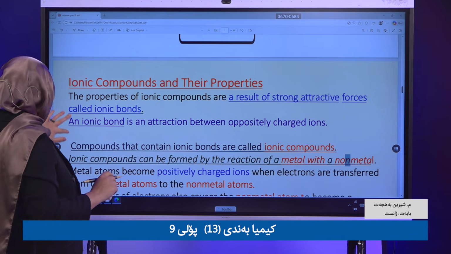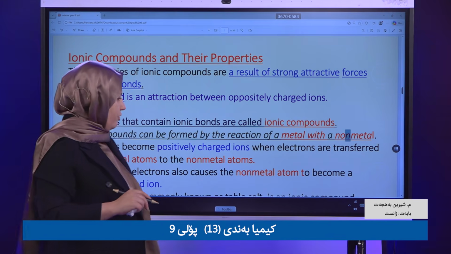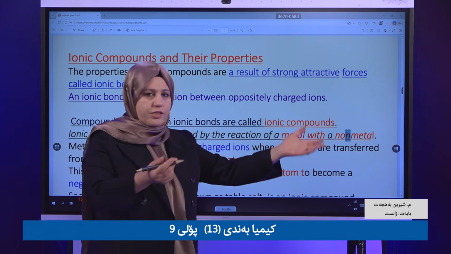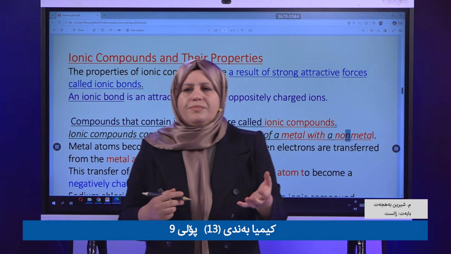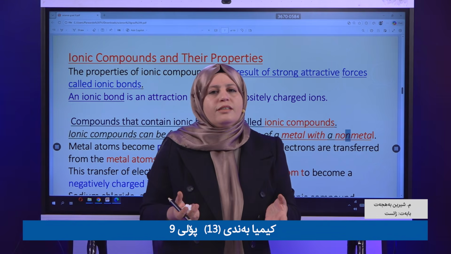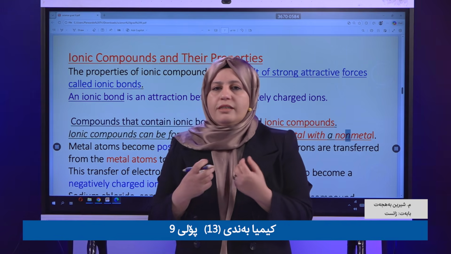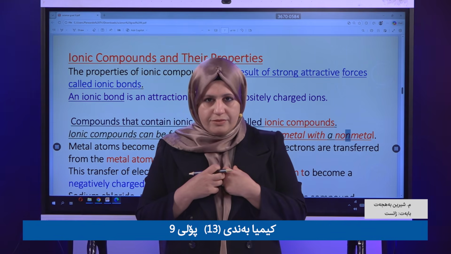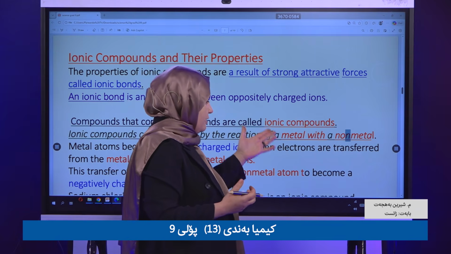A metal becomes a positively charged ion when an electron is transferred. For example, someone who is very kind always gives. When someone always gives, that means they are what? Positive, right? It's the same.